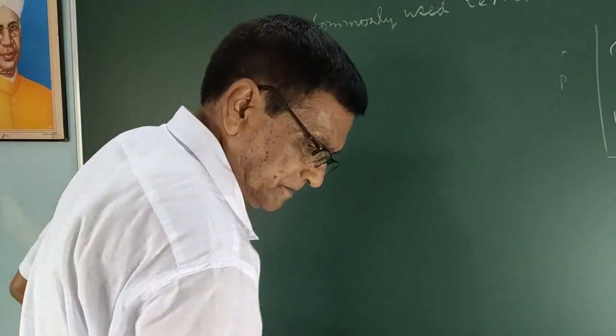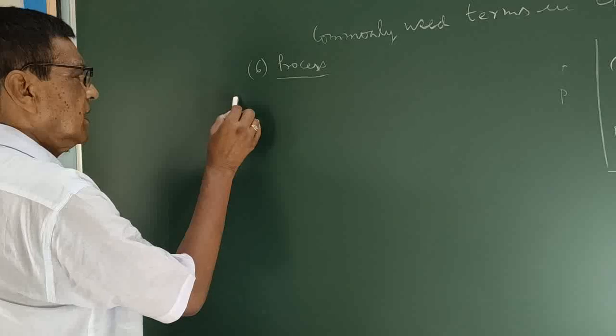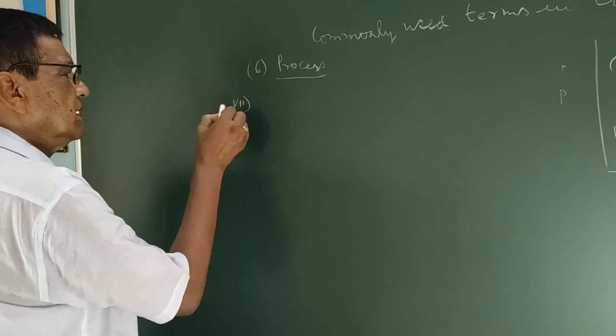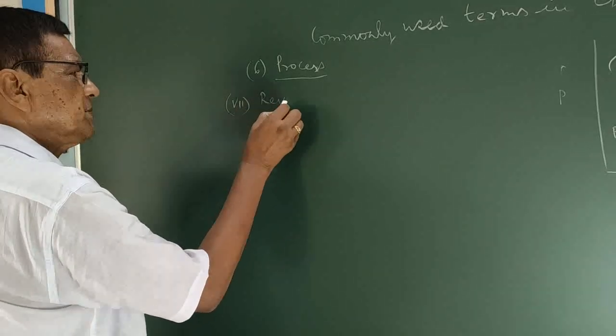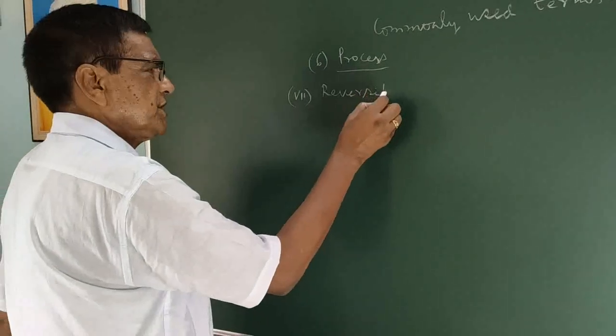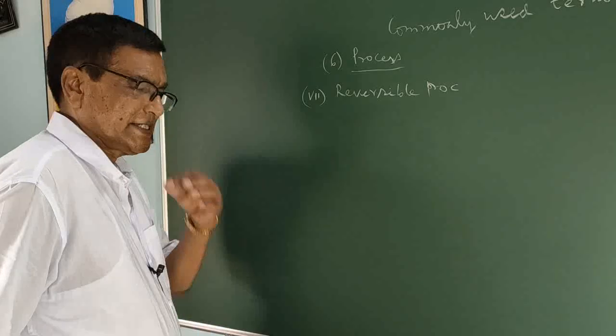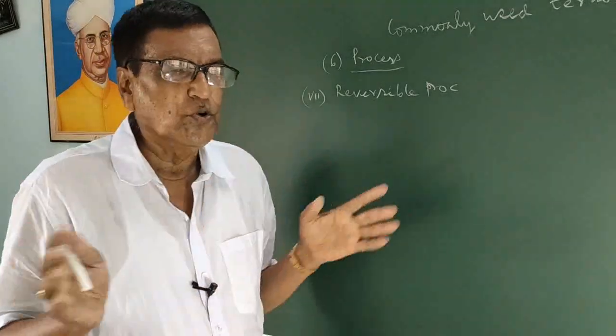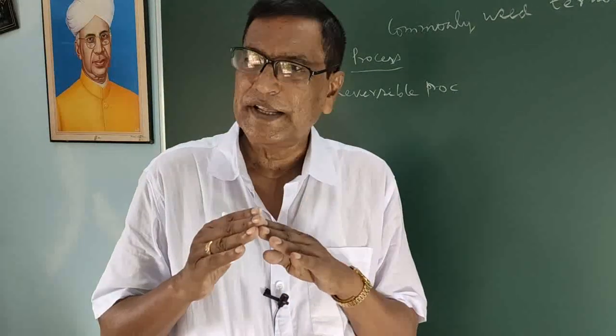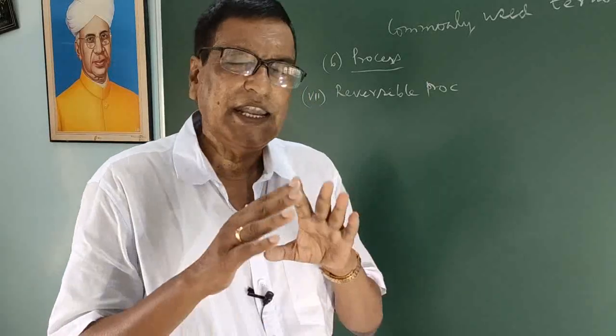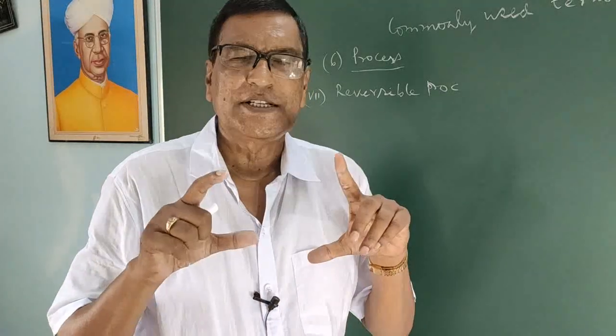The last one we will consider, the seventh, is the reversible process. This is a very important process. In this case, we know that whenever any change occurs anywhere, two forces are there.